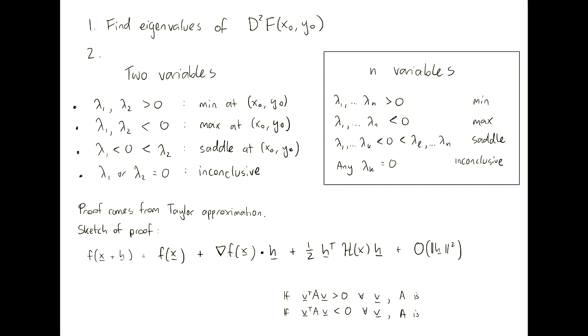Quick definitions, because this is going to be very useful. This is something you might remember or might learn in 2922, but we need to very quickly discuss what it means for a matrix to be positive definite or negative definite, because it is relevant for reasons that should become apparent. So if for any v you choose, v transpose Av gives you a positive number, then A is what we call positive definite.